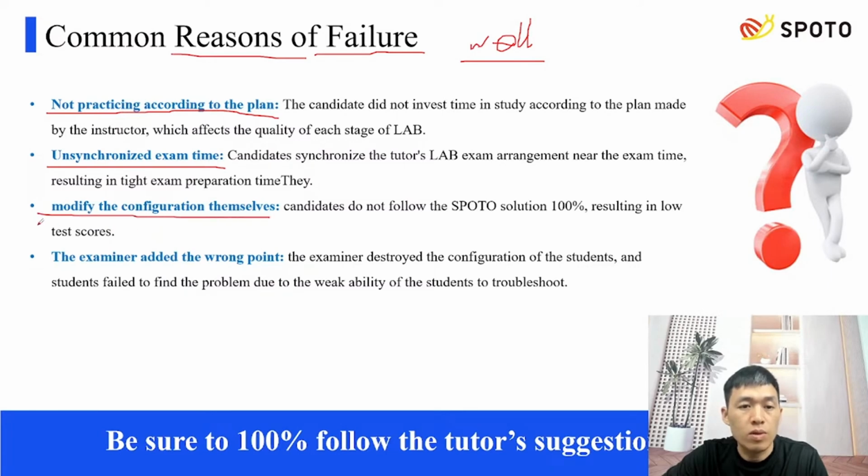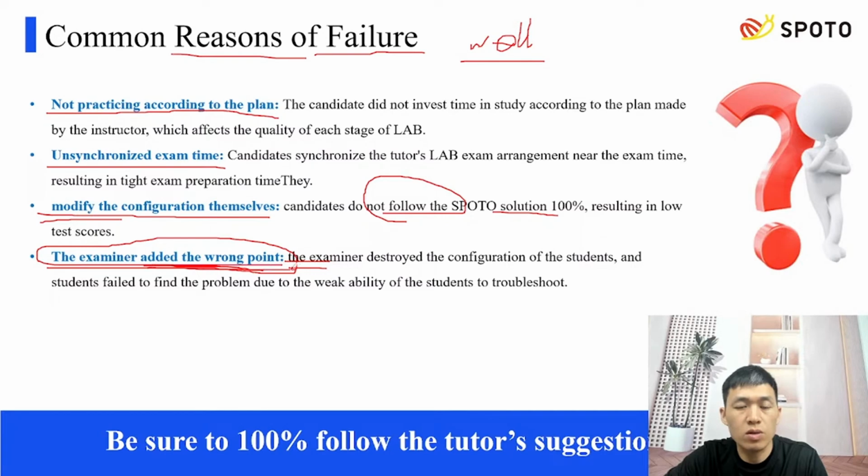And the third one, modify the configuration themselves, which means they did not follow our solution, and they change the solution on their own. The last one is rarely happens, which says the examiner added some wrong point, which means they change your configuration, but as far as we know, they rarely done this. Okay.